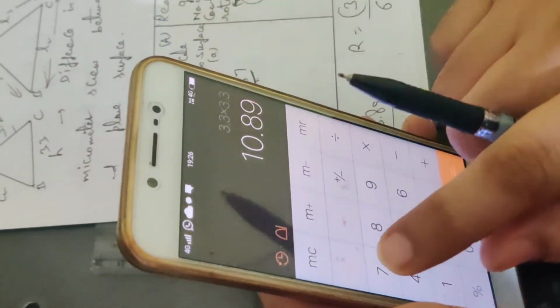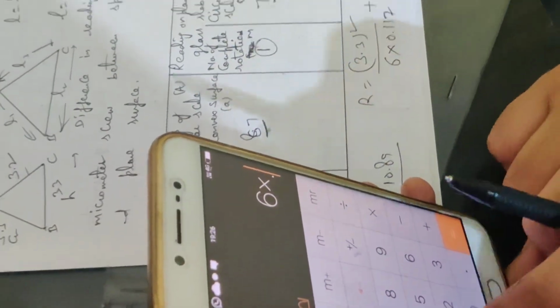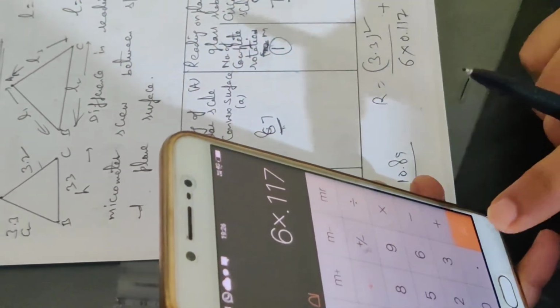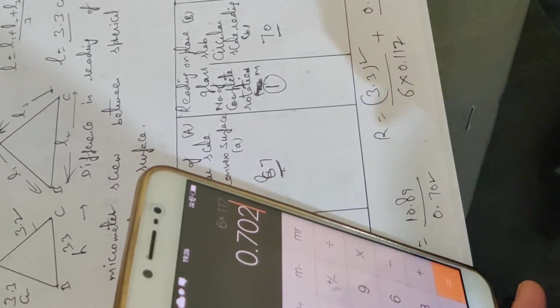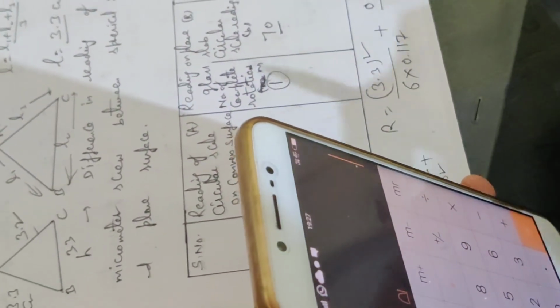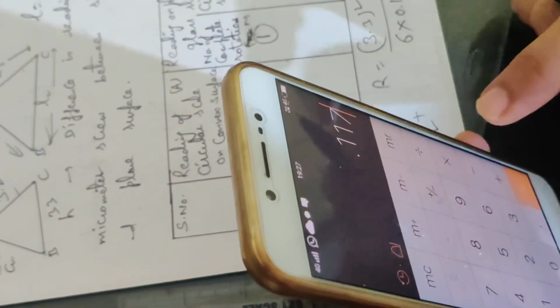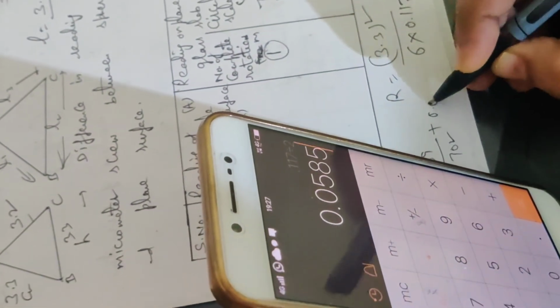Then 6 into 0.117 is 0.702, plus 0.117 divided by 2, that is 0.0585.